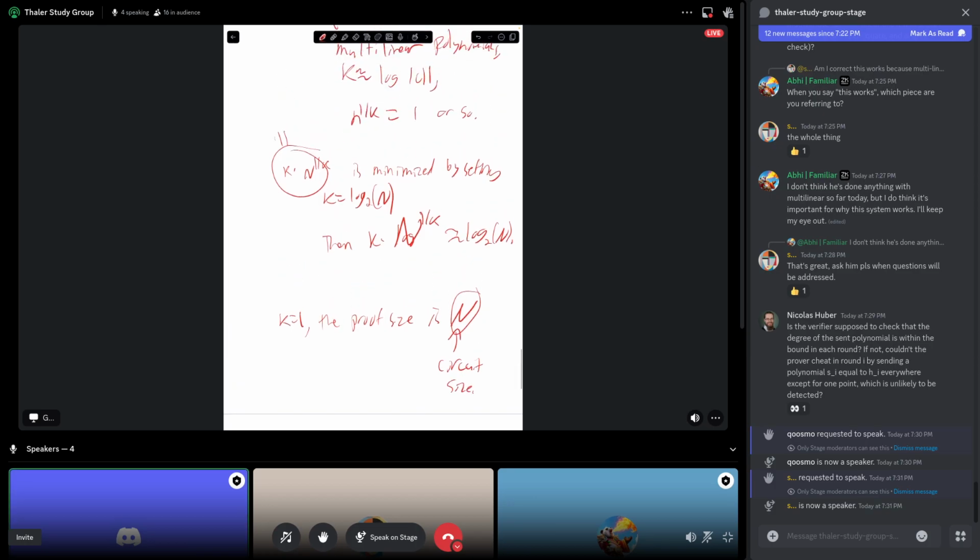And so this is why many variables are powerful. If you use many variables, you can deal with polynomials that have very low degree in each variable, and that's what gives you short proofs and a fast verifier whenever you use the SumCheck protocol.